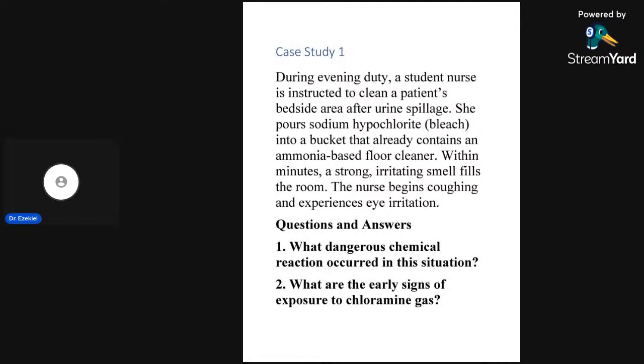Some persons may not understand this, and when they are cleaning, they can mix bleach and quack, which is a quaternary ammonium-based compound. When they mix them together, it gives a bad odor.